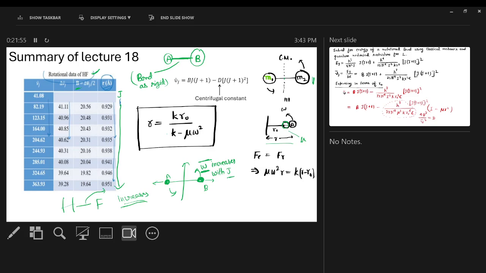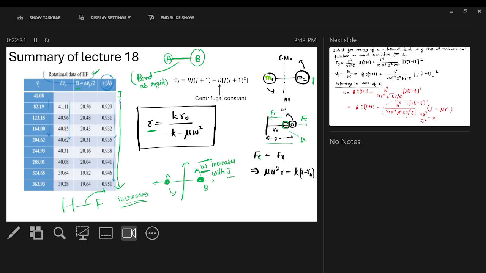This bond length, or the distance from the center of mass, has increased. Some force is acting in this direction, and we have some force acting in this direction, which we call the restoring force, Fr. And this is the centrifugal force. At equilibrium both will be equal, and from here we can calculate R, this Rc.